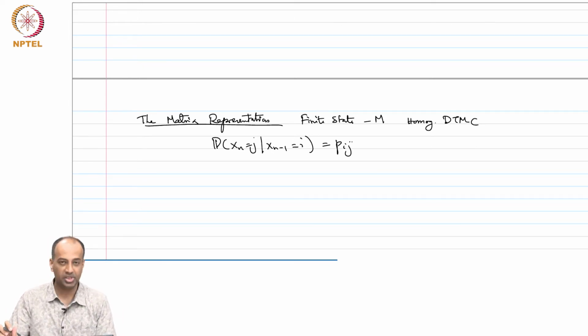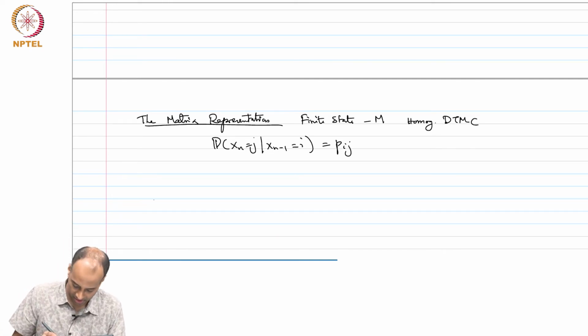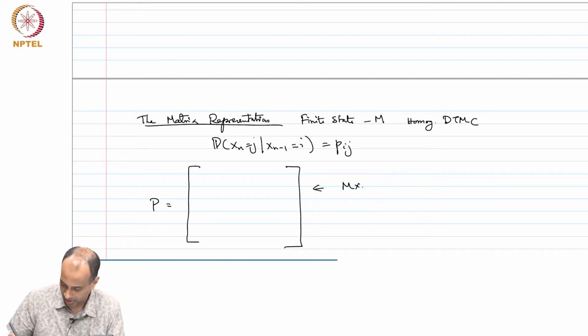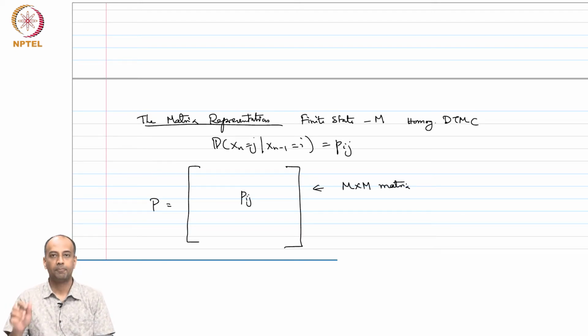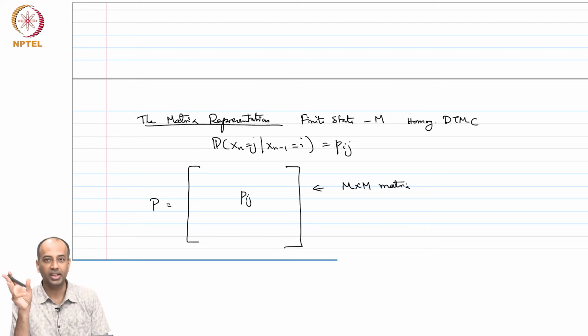So, this P_ij is the transition probability for going from i to j. Now, you define a matrix big P, an M by M matrix, in which the ijth entry is simply P_ij, all right. Some of these P_ij's could be 0, all right. If there is no directed edge between i and j, you will enter 0 in this matrix. If not, you will enter the value of P_ij, all right. So, as i runs through 1 to M and j runs through 1 to M, you will get an M by M matrix with the ijth entry as P_ij, the transition probability between i and j.